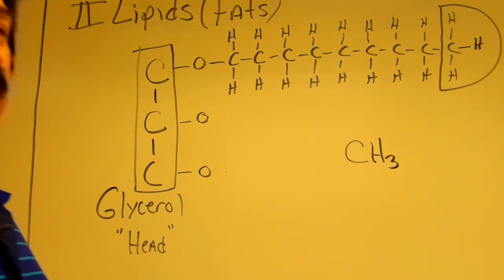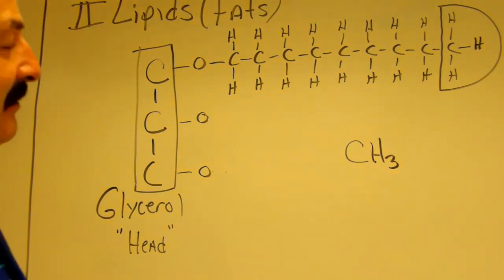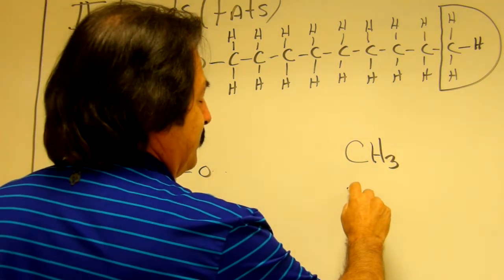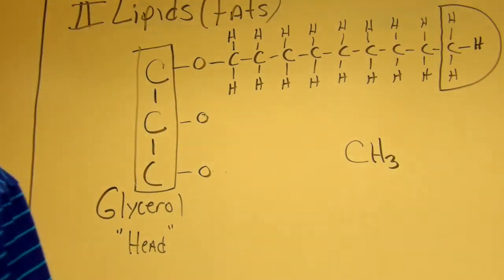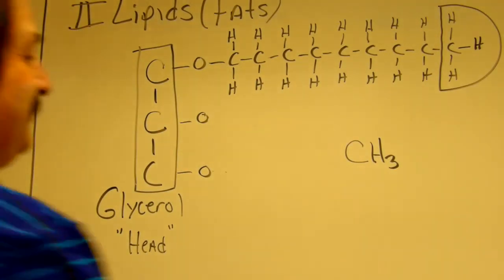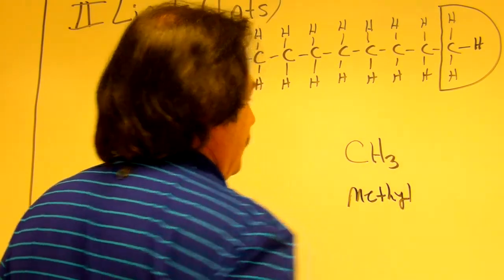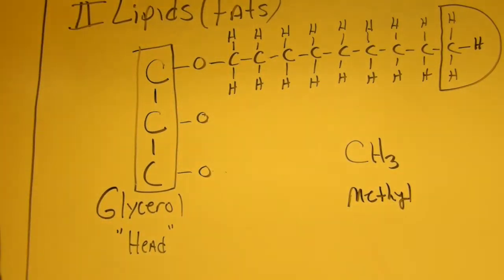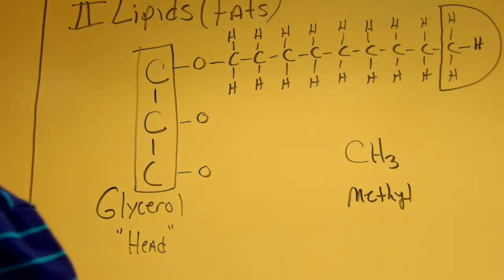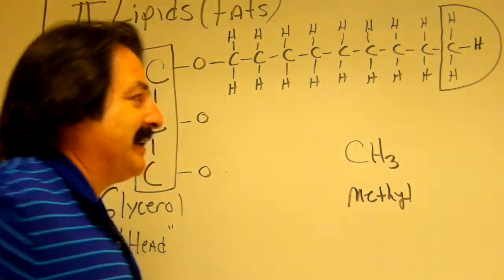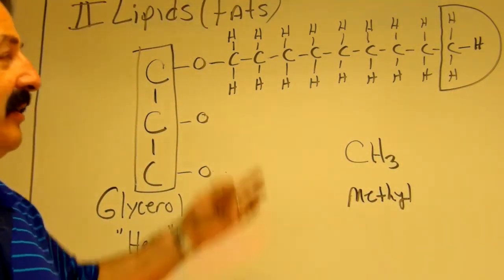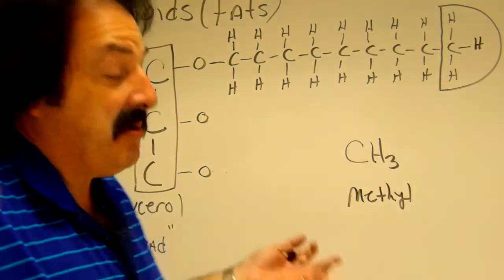Okay? Remember our functional group that we didn't talk about? The functional group was methyl. Okay? What is the methyl group? What does that do? Well, the methyl group acts as bookends. It acts as an end for a long hydrocarbon chain, among other things.